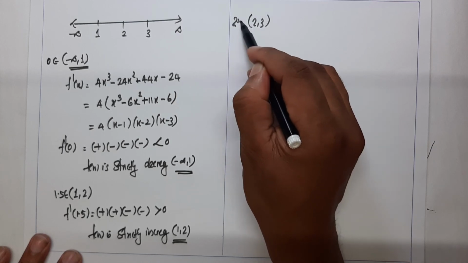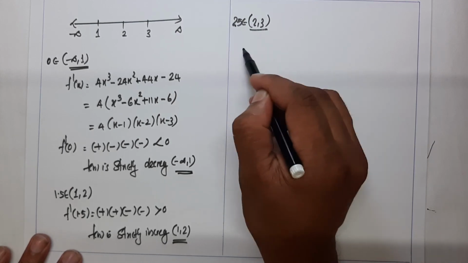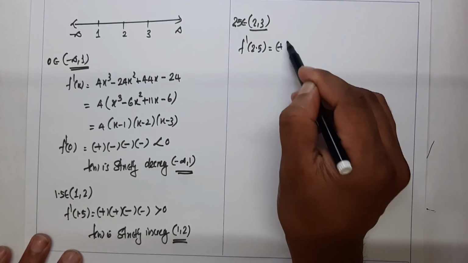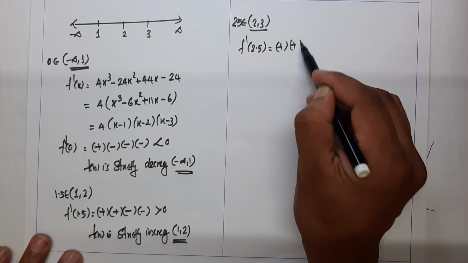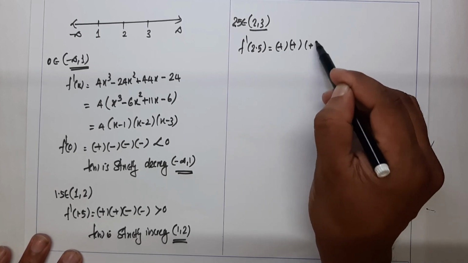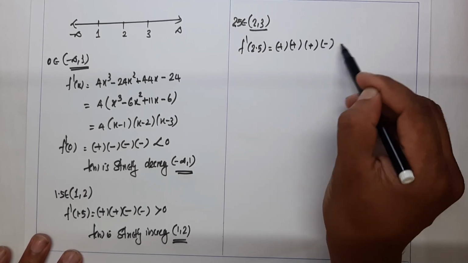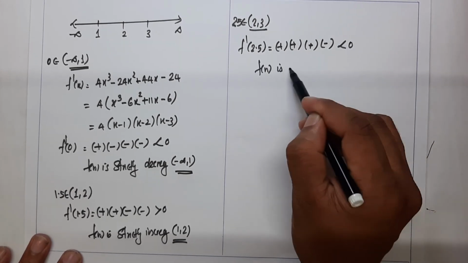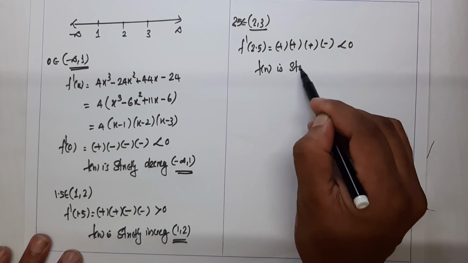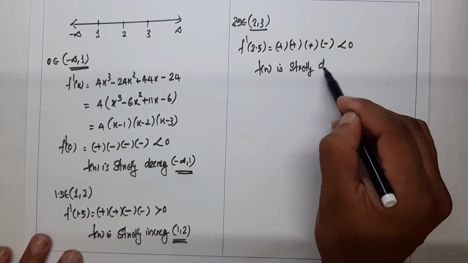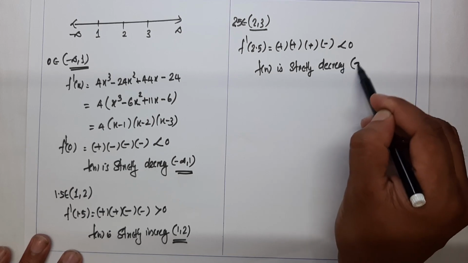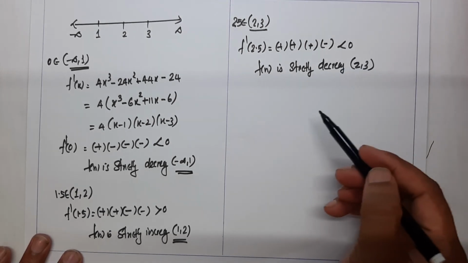You select a point 2.5, f dash 2.5. 4 is always positive, 2.5 minus 1 is positive, 2.5 minus 2 is positive, and 2.5 minus 3 is negative, which is less than 0. That means our function is strictly decreasing in the interval 2 to 3.